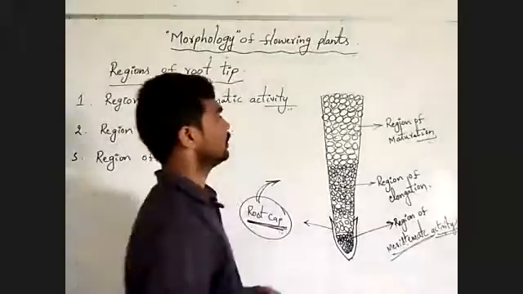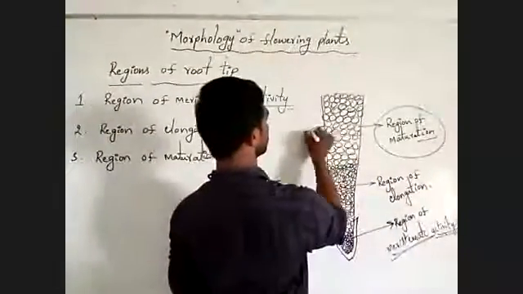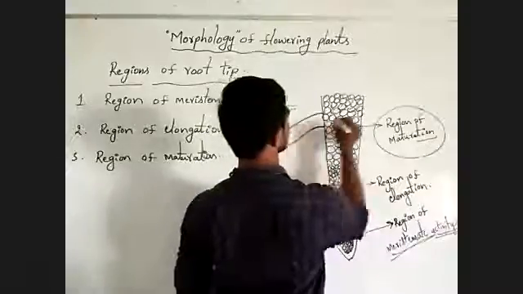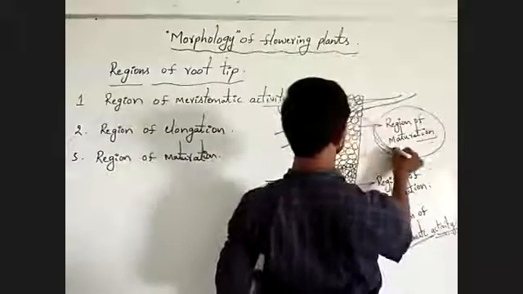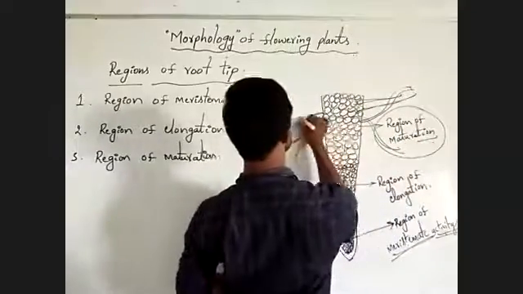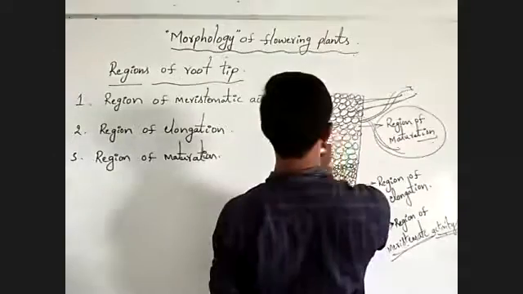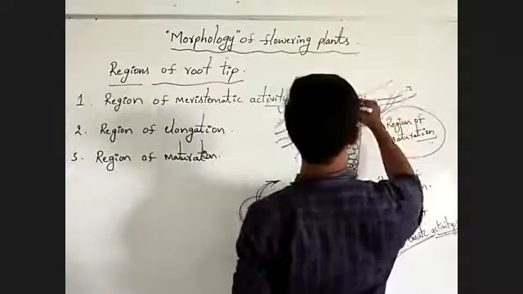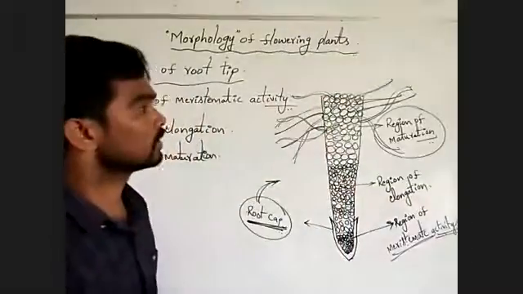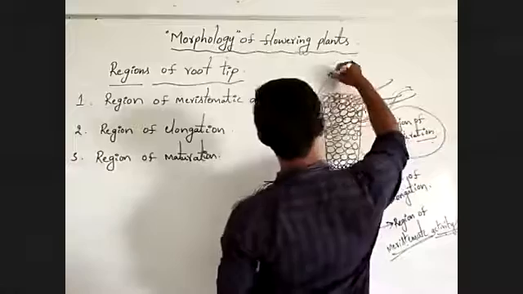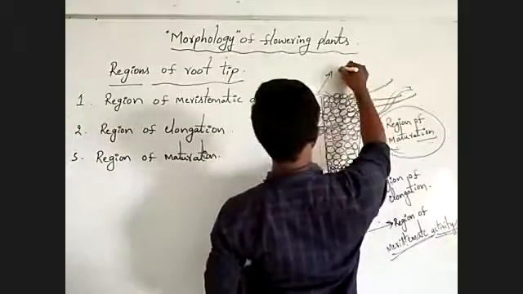From the region of maturation, small hair-like structures are developed.